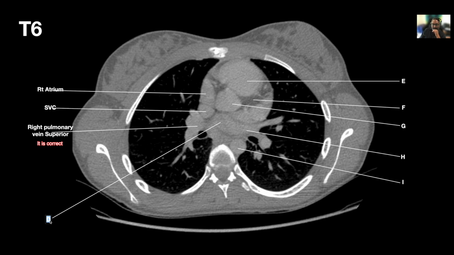No, that's too low. The left pulmonary vein will go into what chamber? Yes, that's the left atrium. I think that's what I would be doing. The left atrium, absolutely.